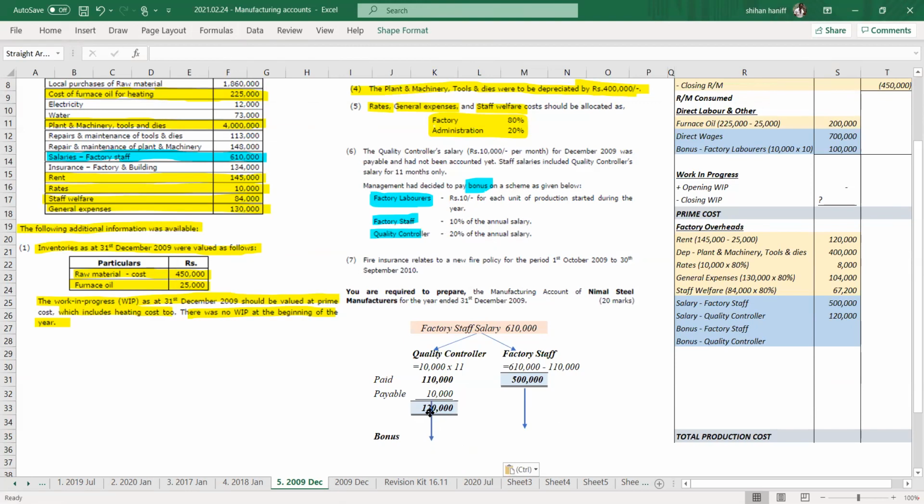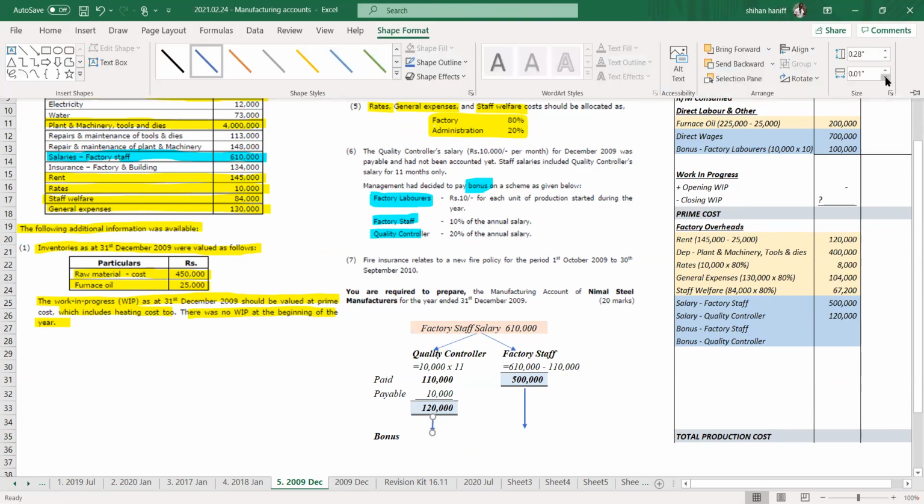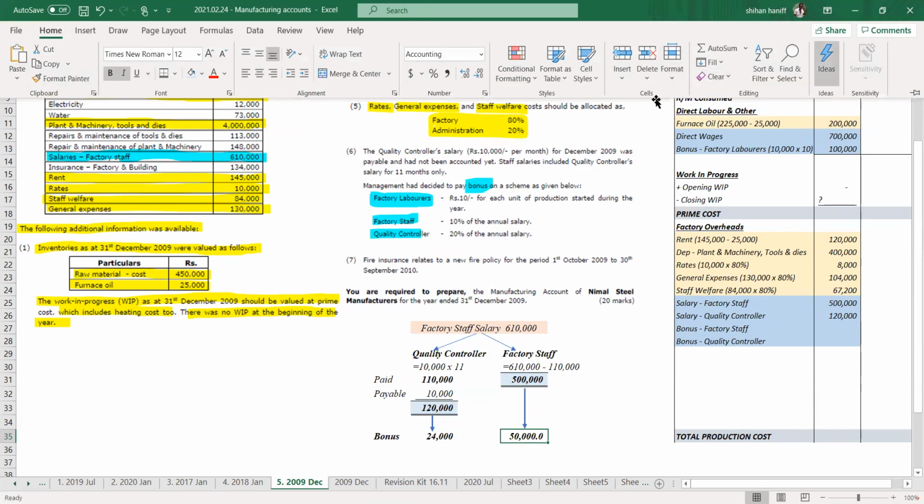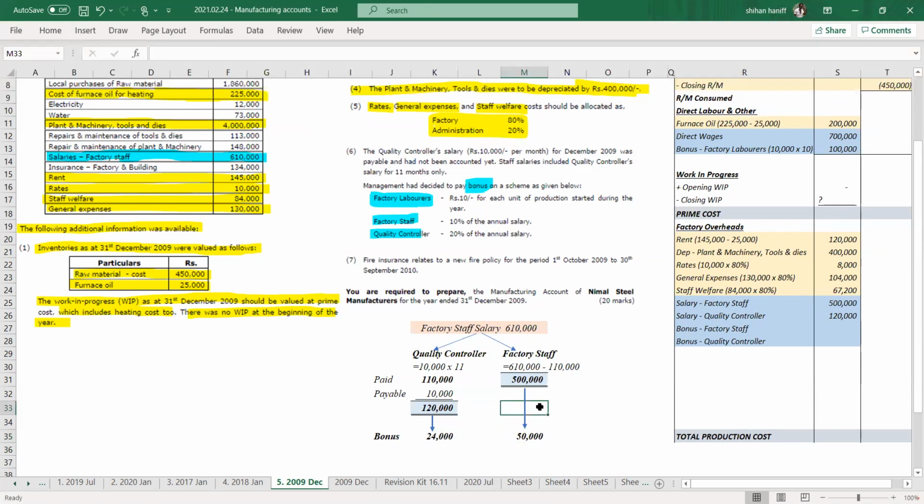Then quality controller will get 20% of the annual salary. 20% is 24,000. 10% is 50,000. 20% is 24,000 for quality controller.